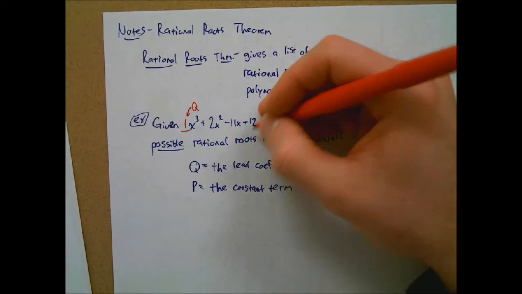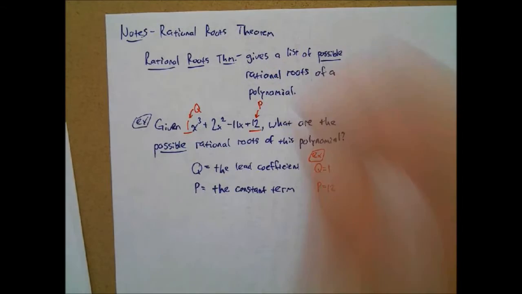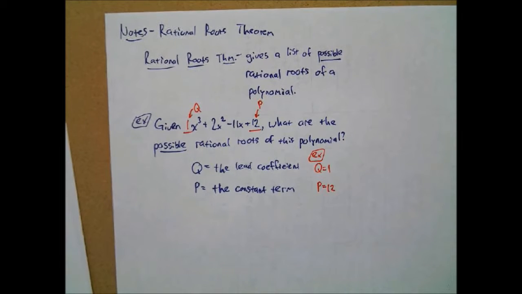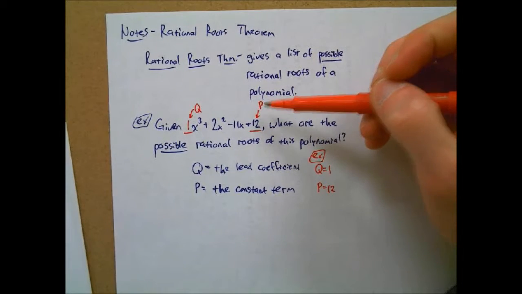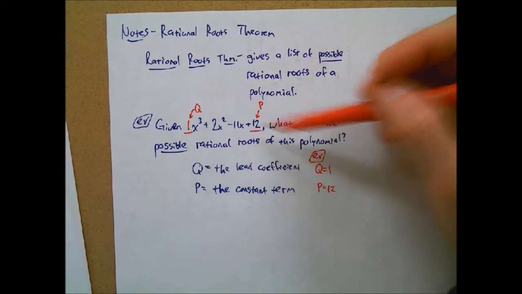There's our p. Now, I'm not really sure why they're designated this way. P and q are the typically used letters to help us identify these things, but I'm not sure why we put q as the front one and p as the back one, because p comes before q alphabetically. Anyway.